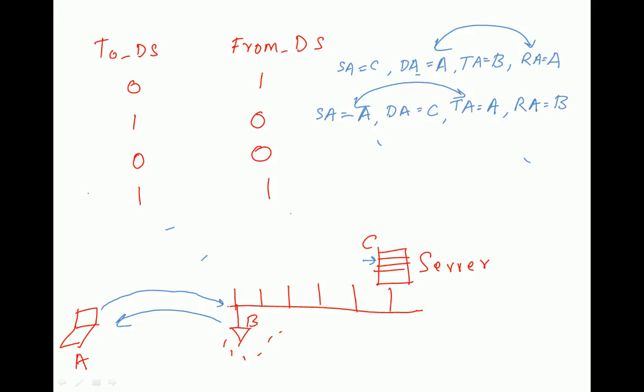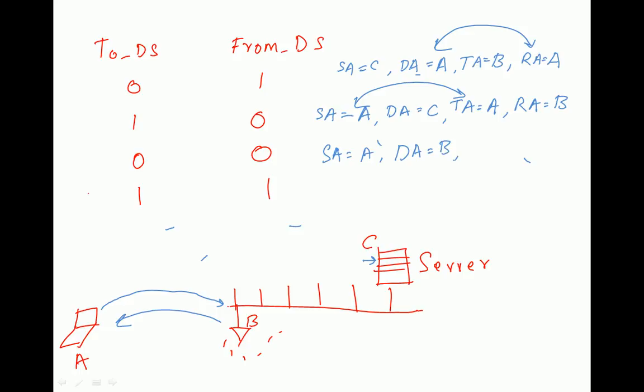So if we sniff a control or management frame, the to_ds and from_ds are going to be like this. Let's say this is an authentication request which is going from the client A to the access point B. So here the source address is going to be A. The destination address is going to be, can you guess?